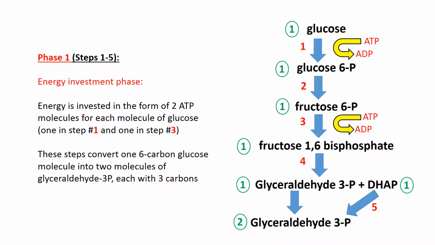Phase 1 is generally called the energy investment phase, since ATP is required to move these reactions forward. So looking at these red numbers, that's step number 1, step number 2, 3, 4, and 5. So let's look at each one of those steps.